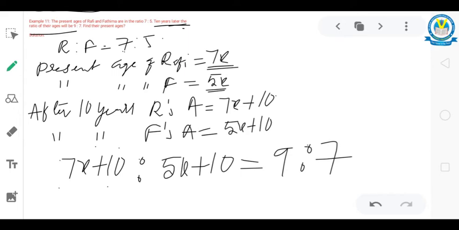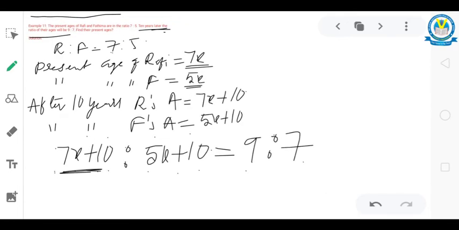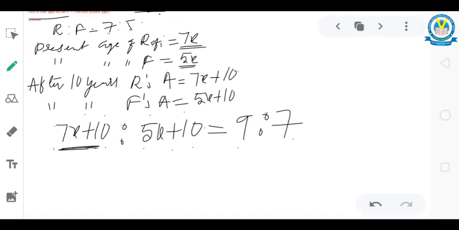Rafi's age and Fatima's age after 10 years are in the ratio 9:7. Actually it is the exact age, but in the form of 9:7. This 7x plus 10 equals 9, 5x plus 10 equals 7. But we don't know the multiples, so we can multiply this ratio with the help of this one. I can change the equation.